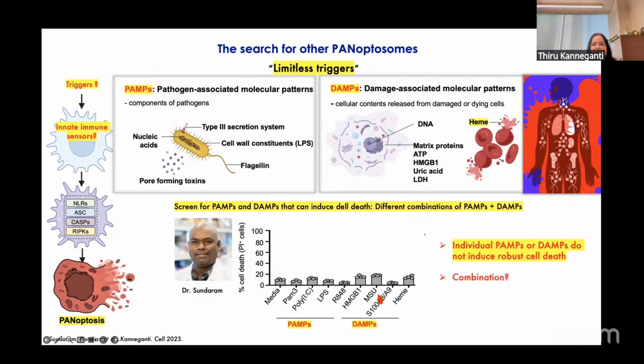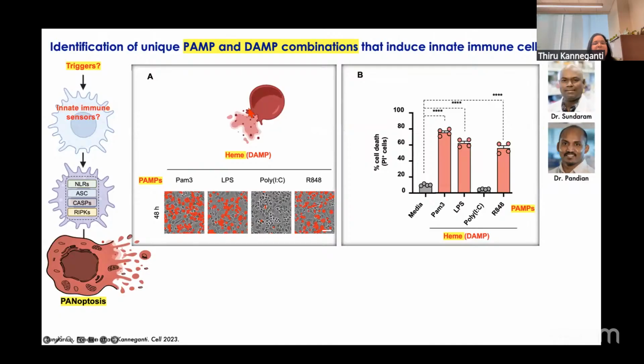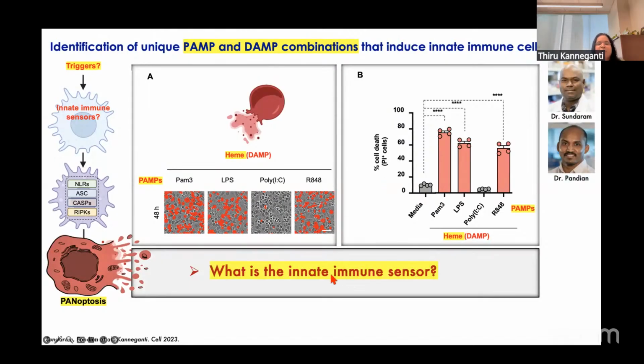But the combination, like if we combine heme that is released in hemolytic conditions together with LPS, PAM3, or TNF that is induced downstream of the LPS sensor TLR4, can lead to robust cell death.